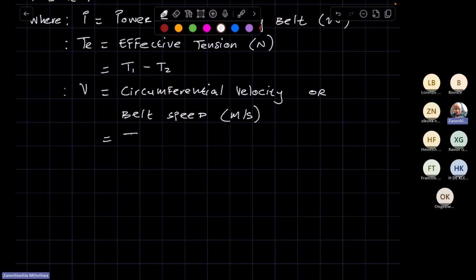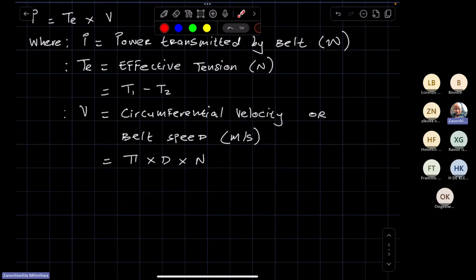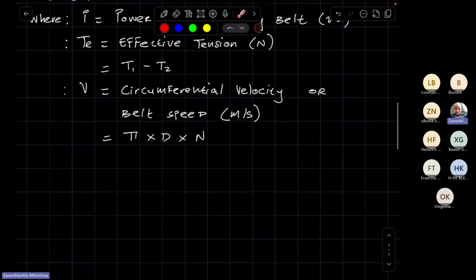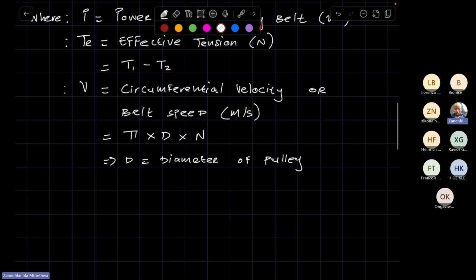This here is equal to pi times the diameter of the pulley times the rotational frequency of the pulley. So D stands for the diameter of the pulley, whichever pulley, be it the small one or the bigger one.